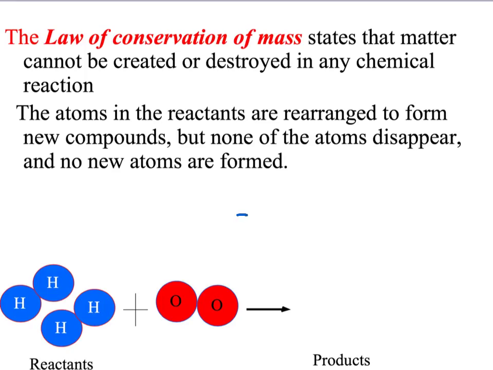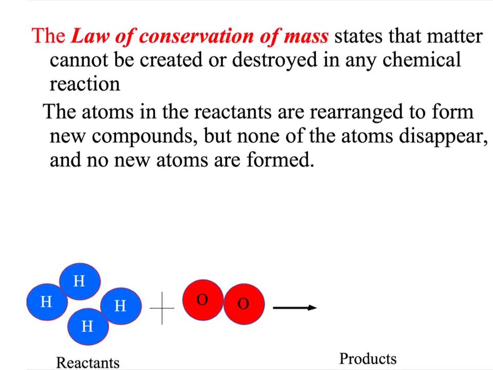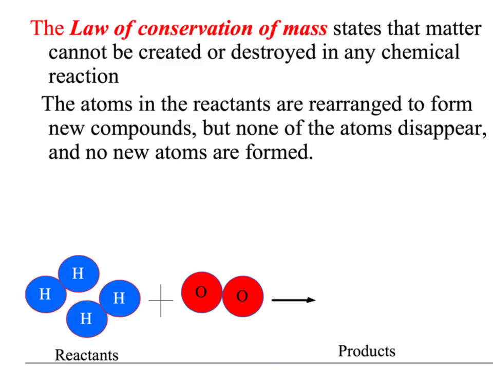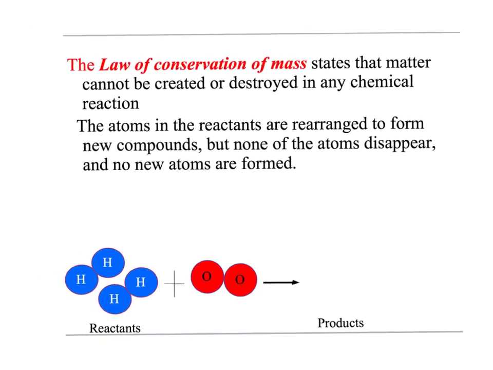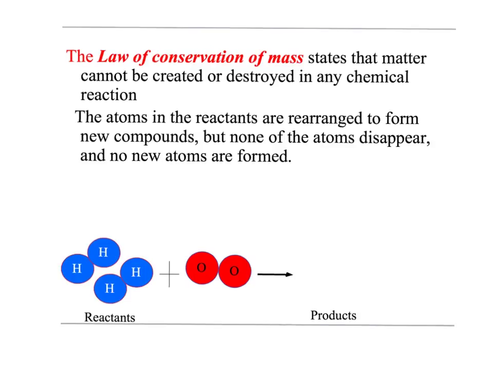And this is big. This is the law of conservation of mass. And that's really important to know, just because it's a pretty basic law of science, but it's really important.